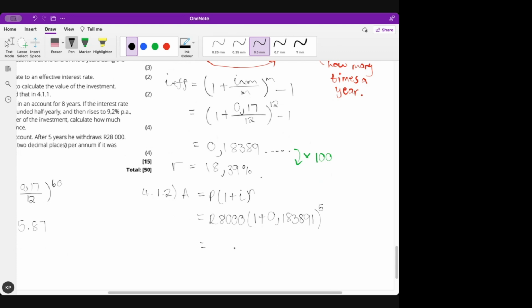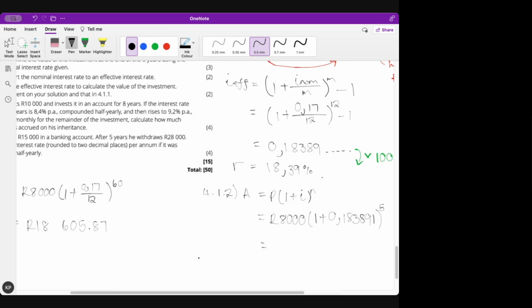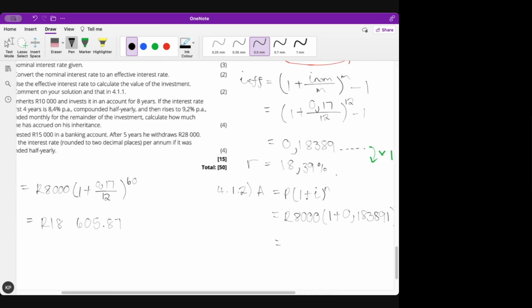Now let's work it out because we need to do a comparison here. I get 18,605.81. And that's mainly because I rounded off.